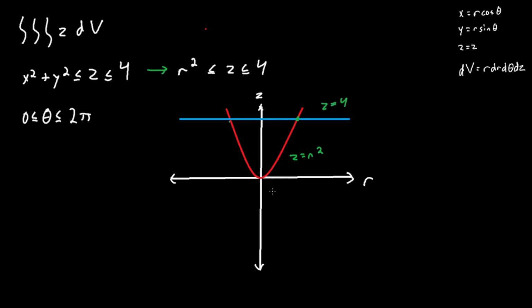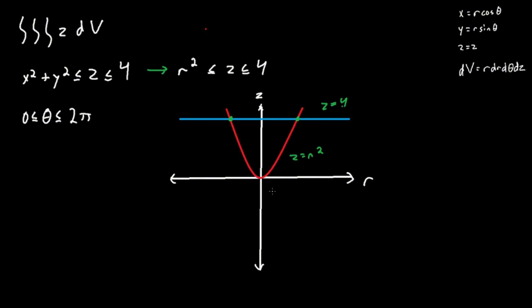So what are the bounds for r if your z equal to 4 is your upper bound? Well, technically this is sort of the region that we are looking at when you're talking about this inequality. But we need to find our r bounds as well. So what's the r bounds?